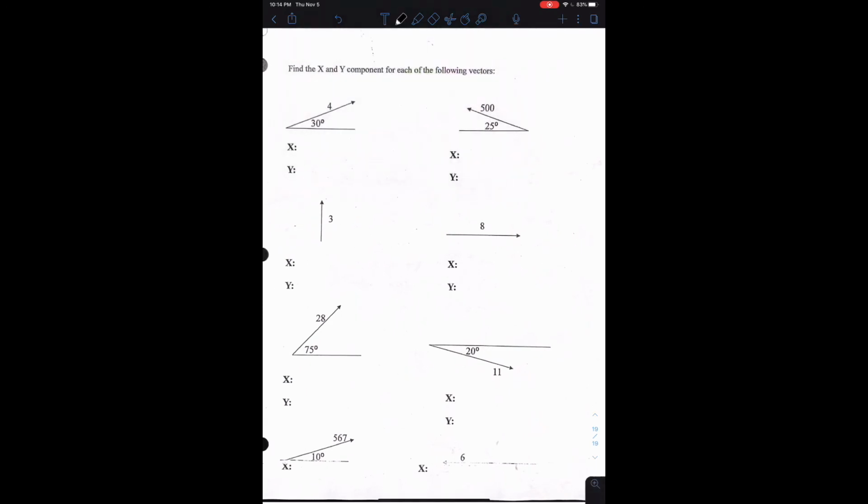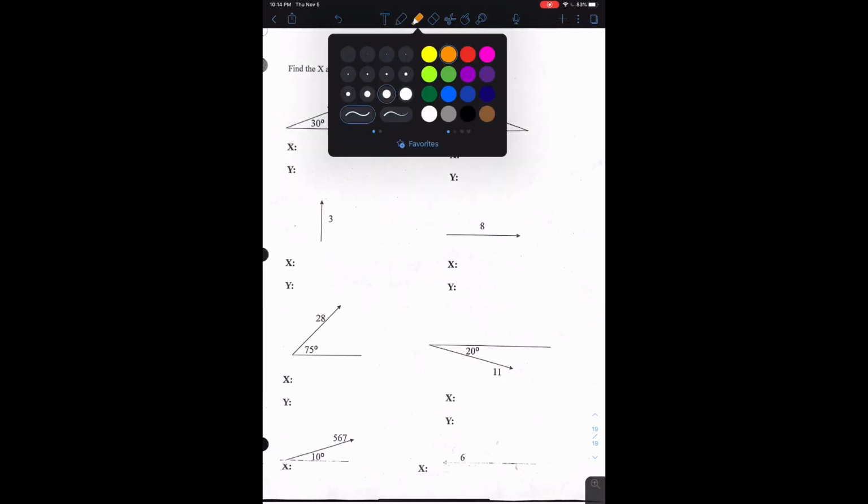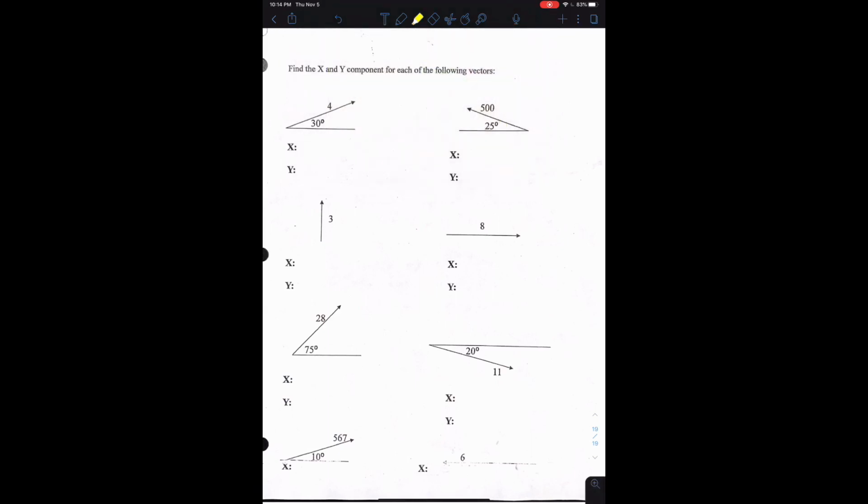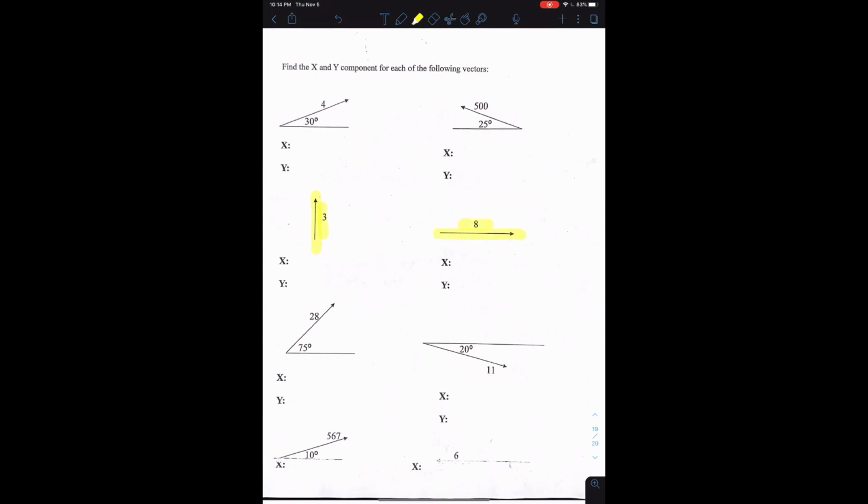All right, so first of all, there are 3 of these that are super easy that don't require you to resolve into components. For instance, let me highlight those ones. This one right here, this one right here, and this one down here.